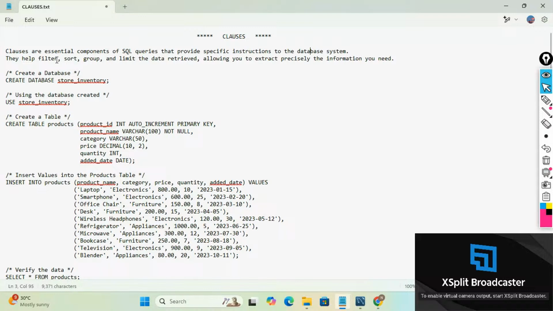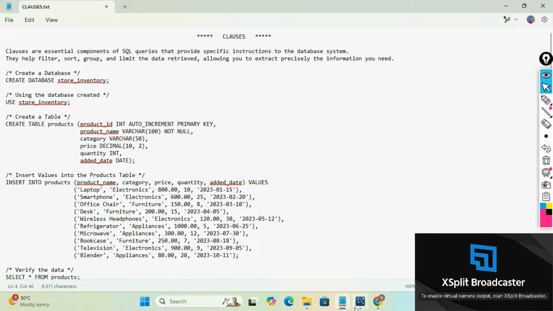They help us to filter the data, sort the data, group the data, and also limit the data. So we understood the where clause as well as the order by clause. The where clause helps us to filter the data, and the order by clause helps us to sort the data. What kind of instructions are given depends on the clause type that we use.